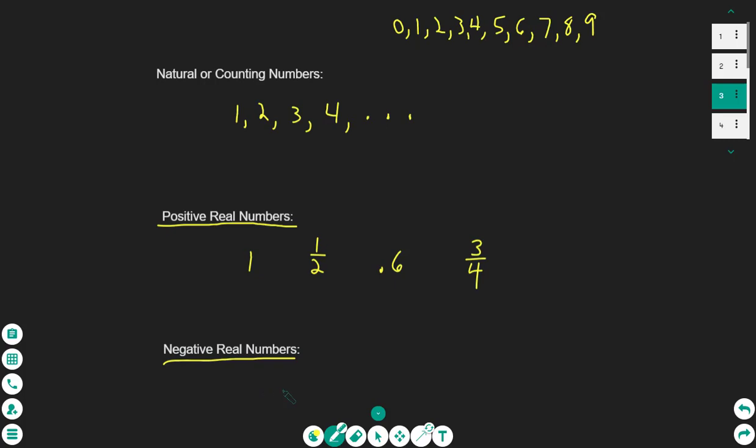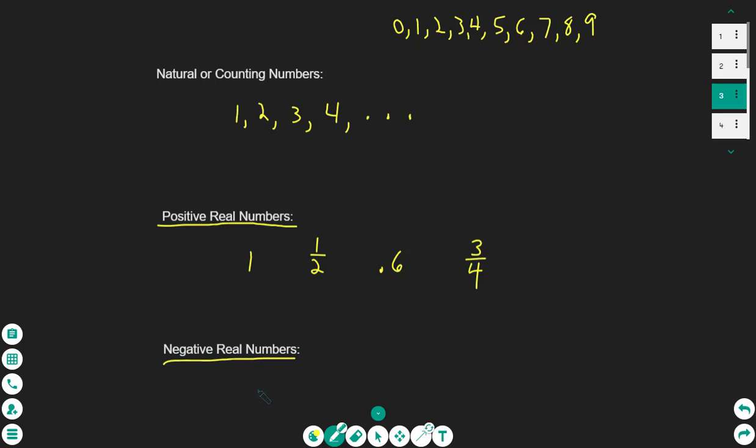So for example, if you owe somebody $10, but you don't have it yet, you might think of yourself as being at negative $10. You don't have any money, and in fact, you owe money. So even if someone were to give you money, you still wouldn't have any money because you'd have to give it to the person you owe. All right? So you're in the hole. That's one way to think of it. Negative numbers, you're in the hole.